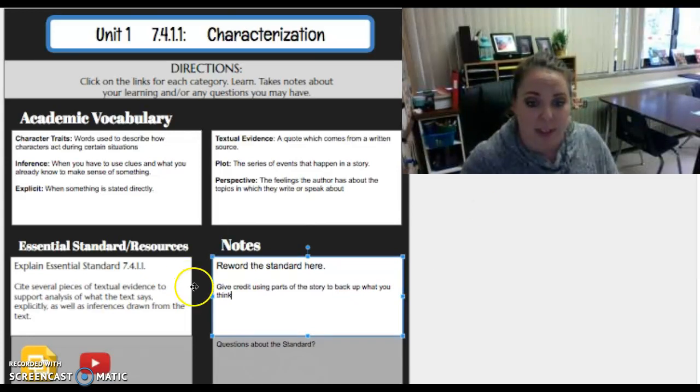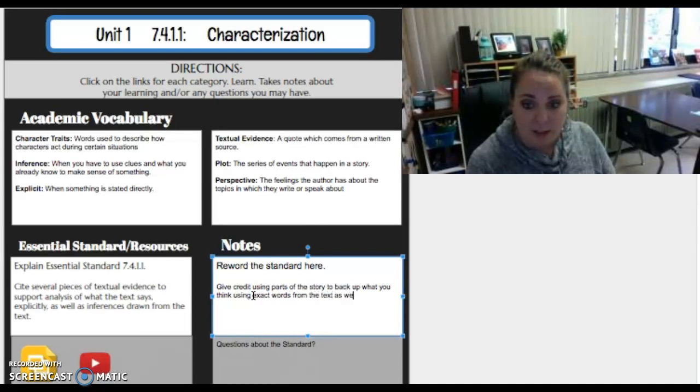And then it says of what the text says explicitly, as well as inferences drawn from the text. Give credit using parts of the story to back up what you think using exact words from the text, as well as by making inferences. That would be fine.